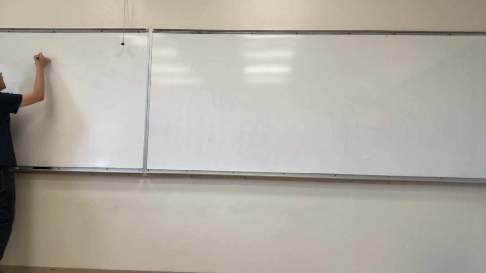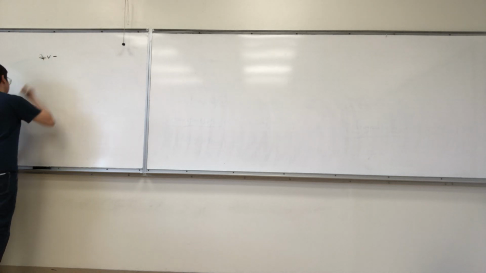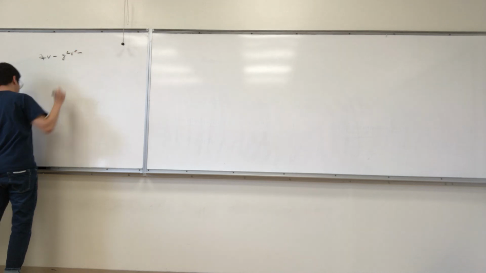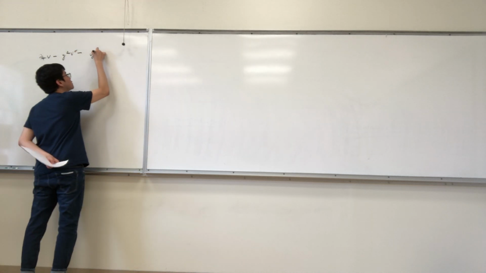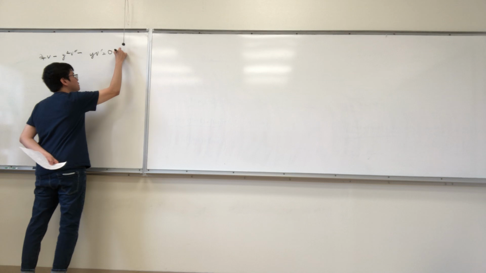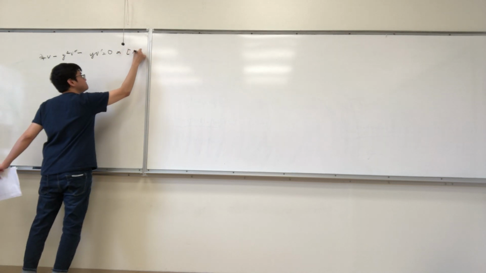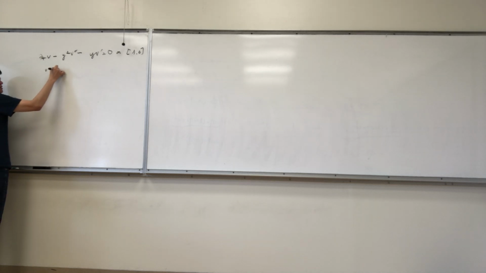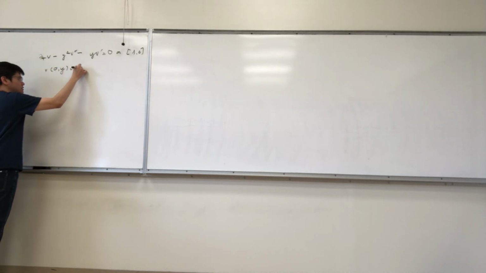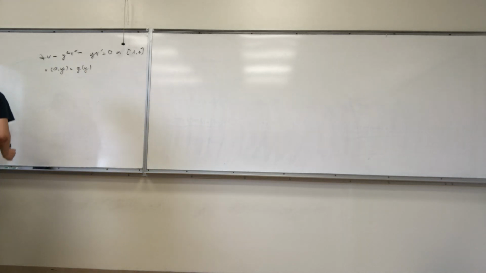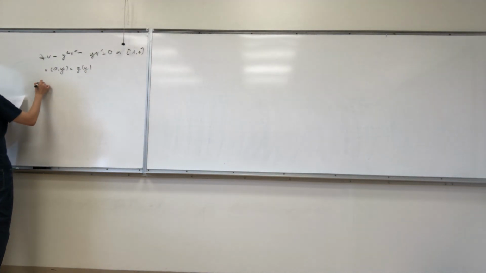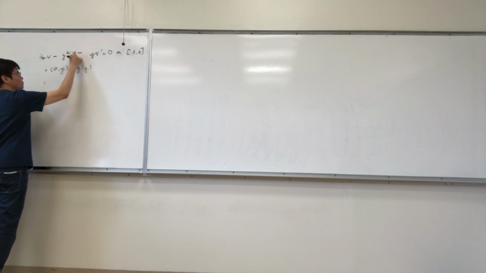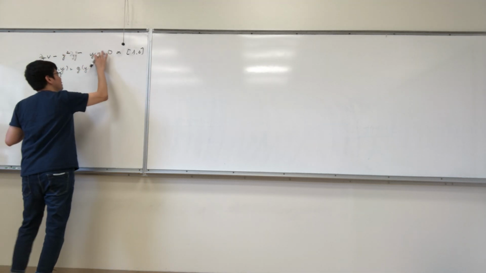So last time we were trying to solve this equation. We have V0y is gy, and so here you have vt, dy, here you have dy.